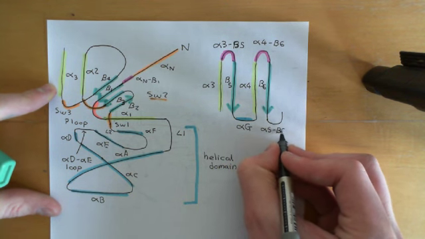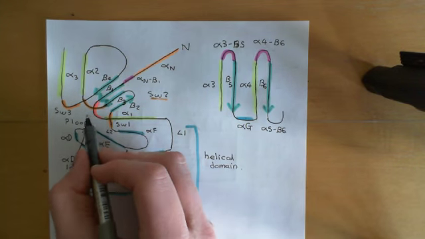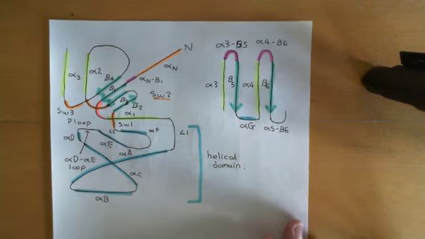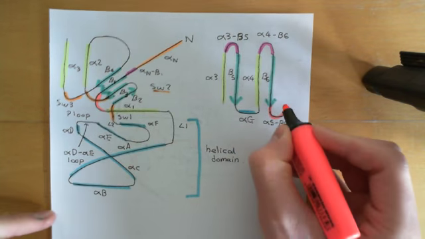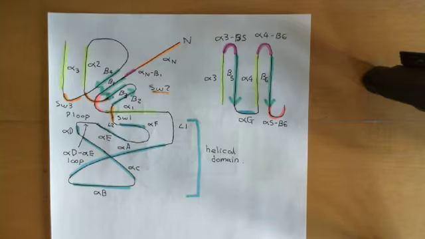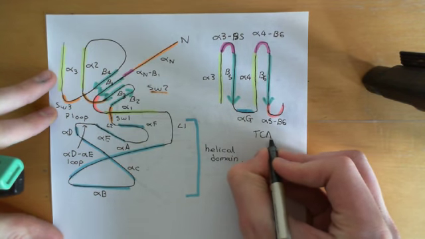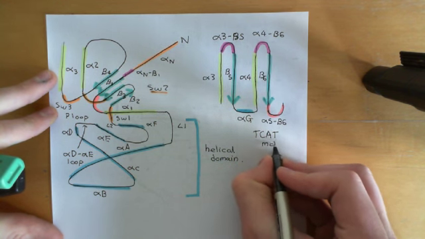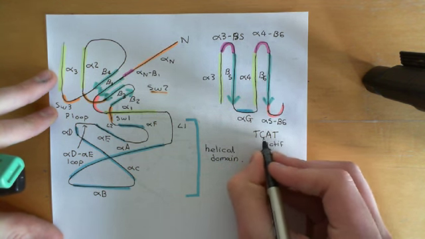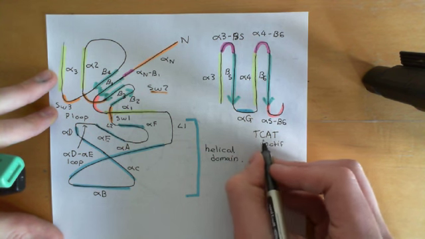And then finally, you have a really important loop here known as the alpha 5 beta 6 loop, okay, which is another portion that makes up part of the GDP-GTP binding site, the guanine nucleotide binding site there. So I'll colour this in red, okay, and this has a really important motif in it known as the TCAT motif. Okay, again, to understand that you need to be able to read single letter amino acid code. T is for threonine, C is for cysteine, A is for alanine, and then T obviously is for threonine again.